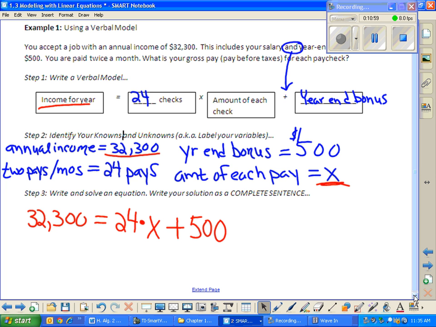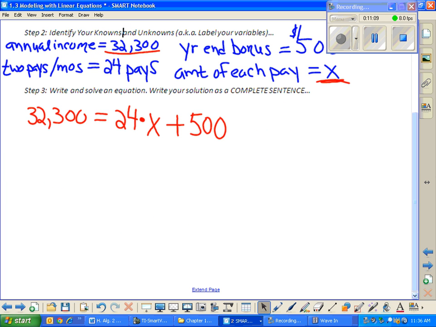All right, I see you guys subtracting 500 from both sides. That looks good. So when you solve for x, I'm looking around, most of you are getting x equals 1,325.